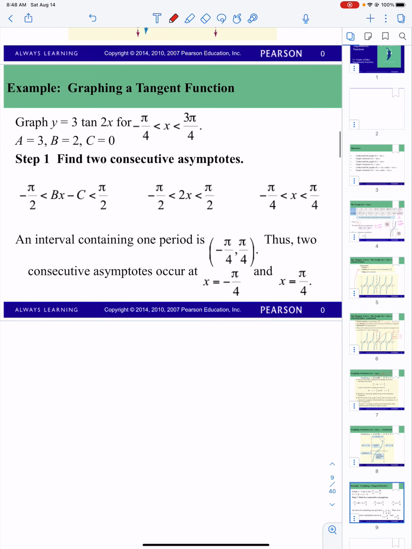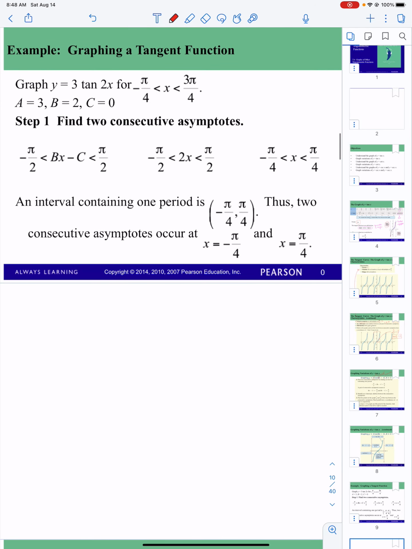So let's look at the example: y equals 3 tangent 2x. So A equals 3, that will be the amplitude. I will explain why. So what will be the period?